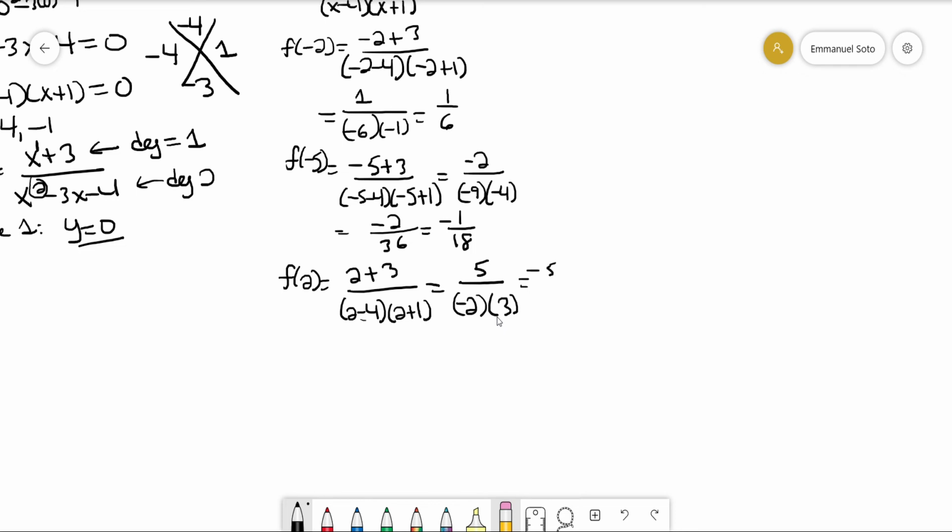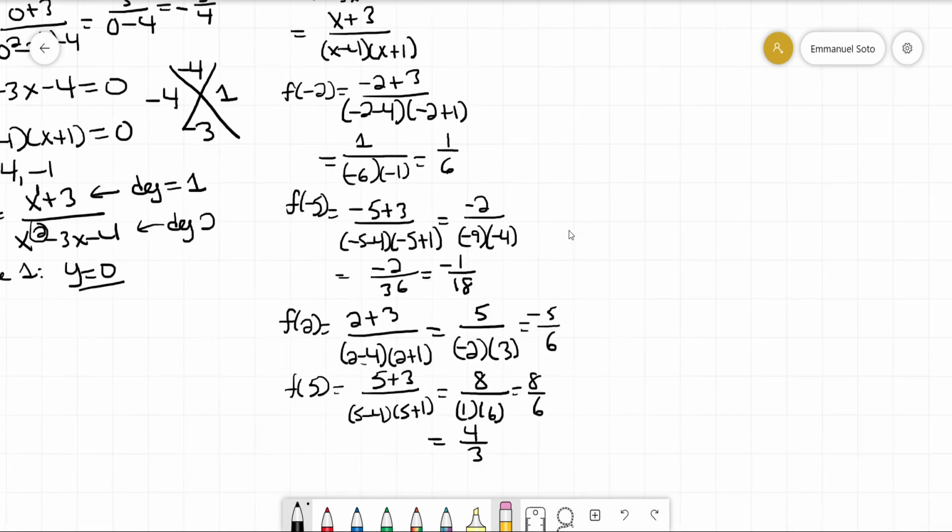So we have -5 over 6. Now let's plug in 5. 5 plus 3 over (5 minus 4) times (5 plus 1). That's 8 over 1 times 6. So you have 8 over 6, which reduces to 4 over 3. So we have -5 over 6 and 4 over 3.